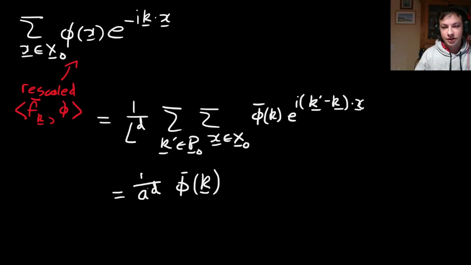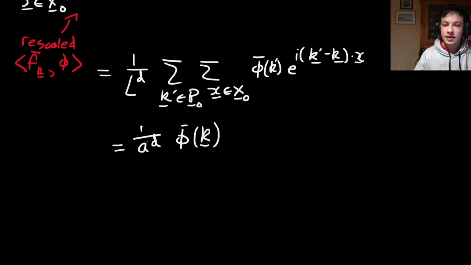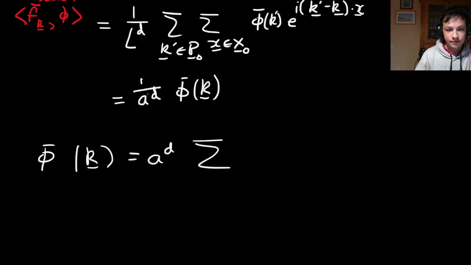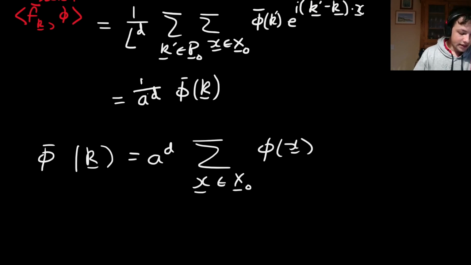The Kronecker delta is going to come in here and it's going to pick out k primed is equal to k. That should have been a k primed. But then we get the scaling 1 over a^d. Or we could say that phi bar k is a^d sum over x in x naught phi x e to the minus i k dot x.